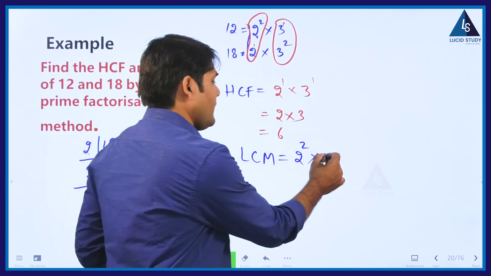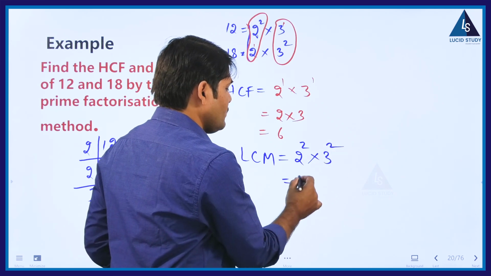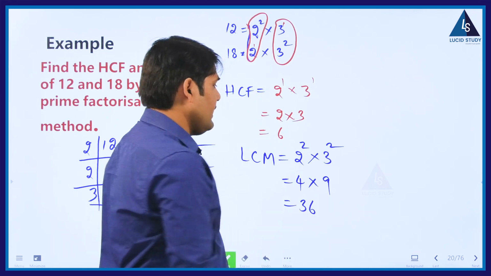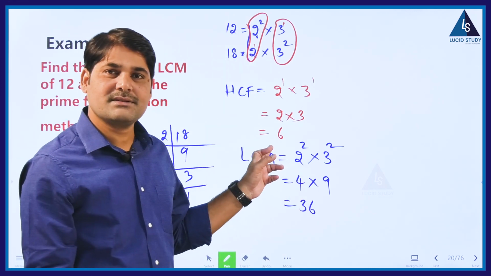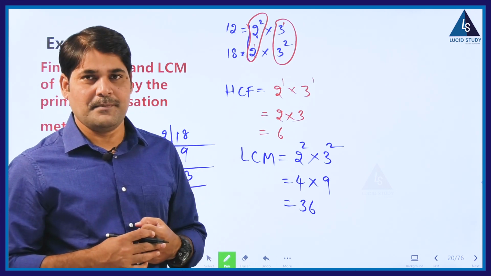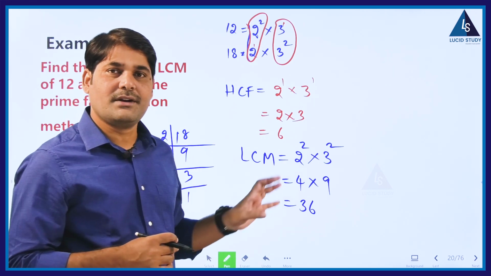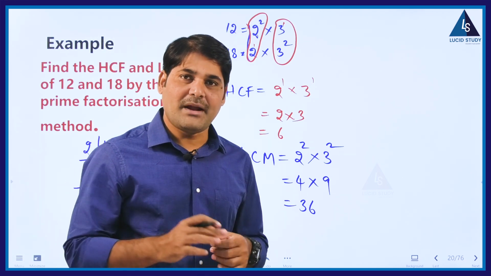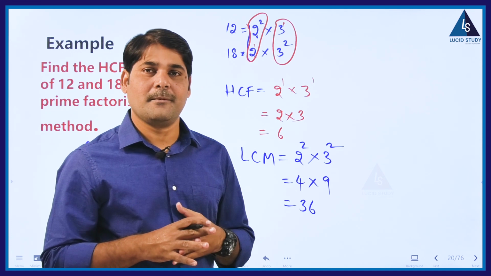That is 3 square. Now 2 square is 4 and 3 square is 9, so LCM is 36. HCF is 6 and LCM is 36. Understand? So like this we need to find HCF and LCM of two numbers by the prime factorization method.